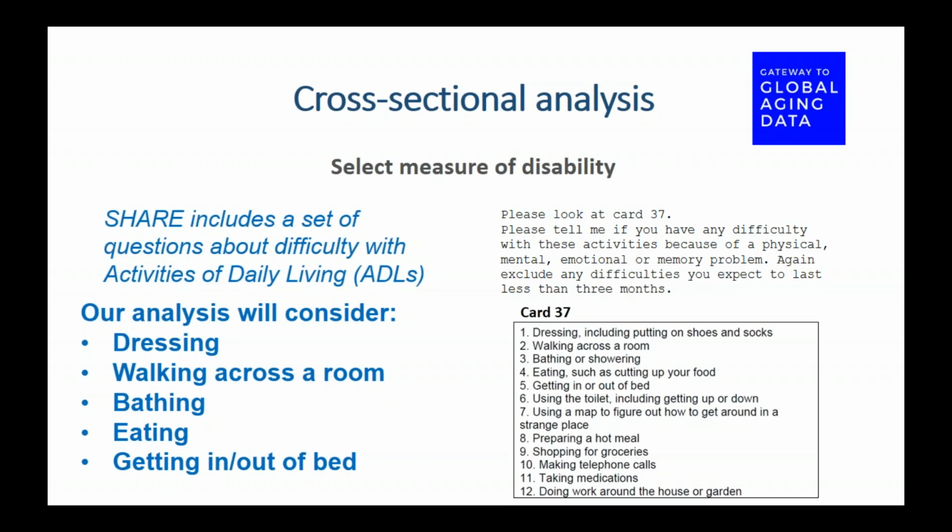And these are really common ADL questions that are asked in almost all of the harmonized surveys. So we're going to focus on these 5. And we're going to say that for every one of these, if an individual has difficulty doing this, we would consider that a proxy for some level of disability.